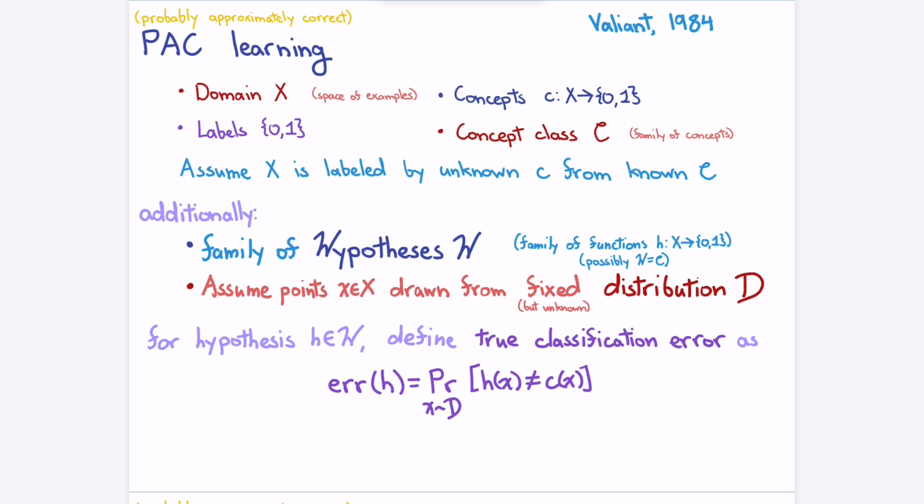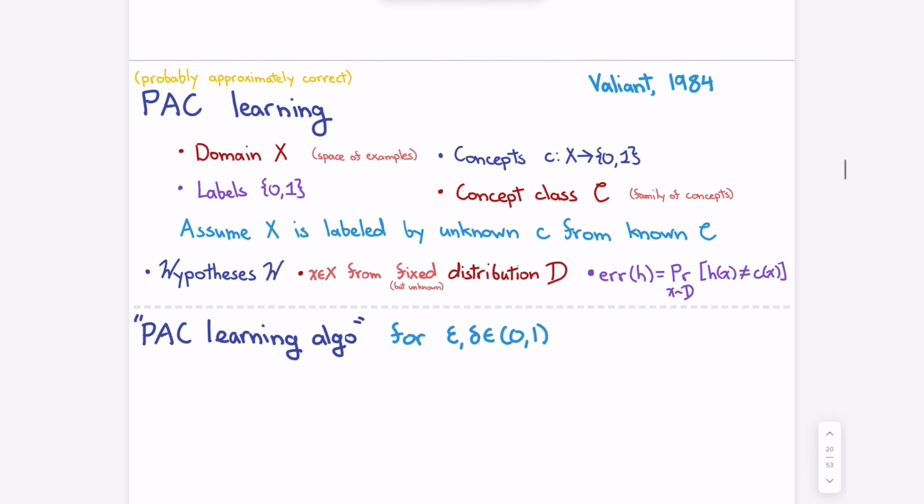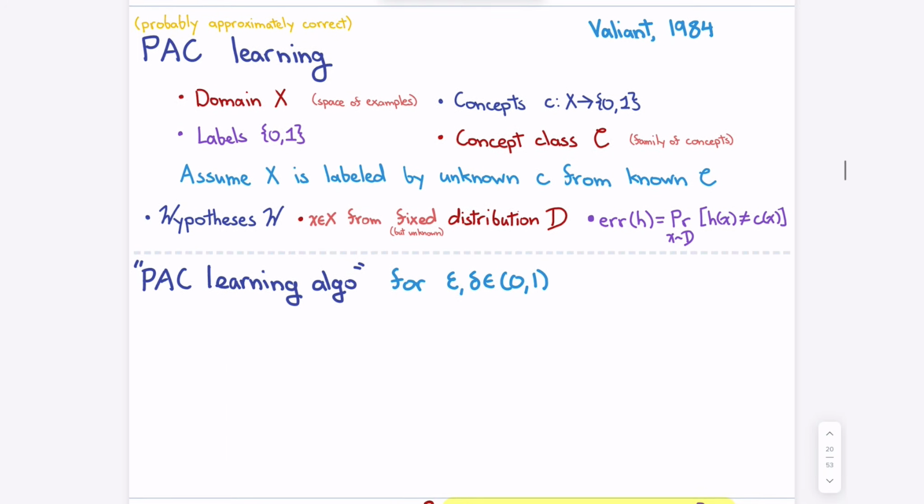Maybe this next part's more interesting. So with these parts in place, my challenge to you is to define a learning algorithm. How would you quantify this is a good algorithm?